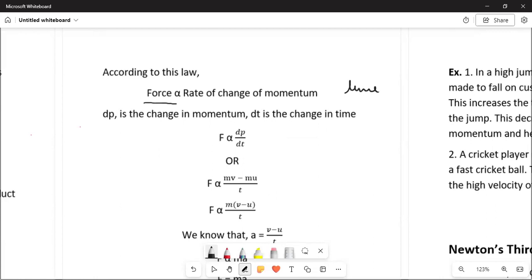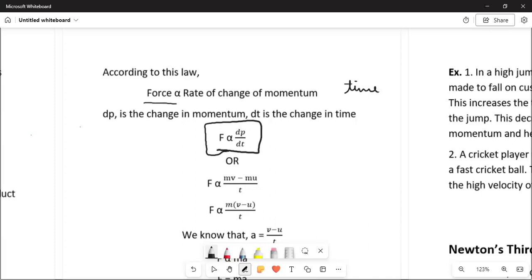We can also show this statement as F is directly proportional to dP upon dt, where dP is the change in momentum and dt is the change in time.